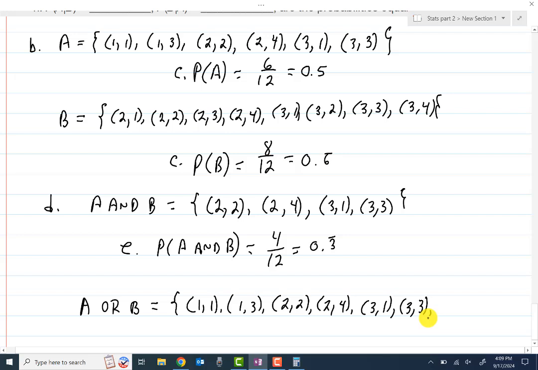Now what I'm looking for are items that are in B that I have not already put in. So let's take a look. Let's start with 2, 1. If you look down here, there's no 2, 1 in there, so I'm going to attach it here. Move on to 2, 2. I see 2, 2 here, and it's in here, so I'm not going to include it. 2, 3 is not in there, so let me add it. 2, 4, I already had it. 3, 1 and 3, 3 I already had, but 3, 2 and 3, 4 I didn't have.